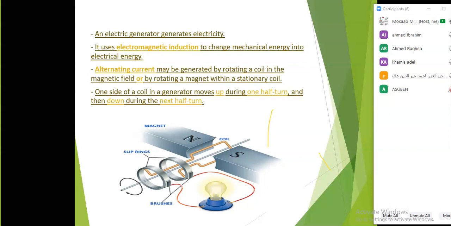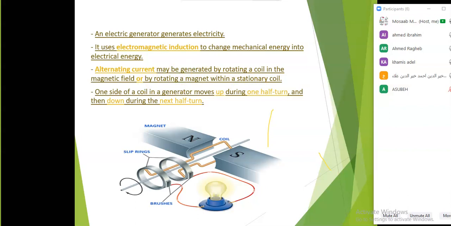The first one: electric current which is made by a changing magnetic field, or electric current is generated by a generator. As you can see, by rotating a coil in the magnetic field, or by rotating the magnet in a stationary coil, both ways will generate a current.